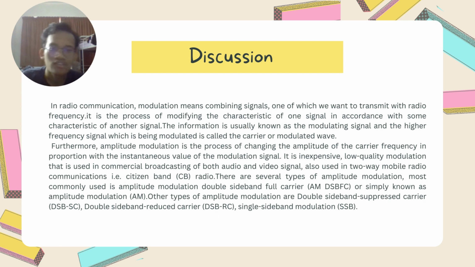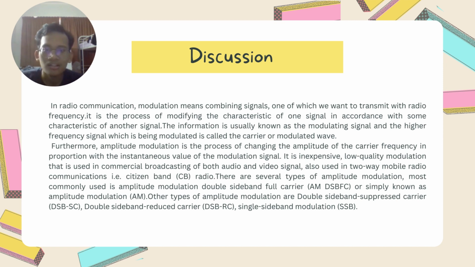Also, it is used in two-way mobile radio communications, for example citizen band radio. An AM modulator is a non-linear device with two inputs and one output: the modulating signal and the carrier signal.